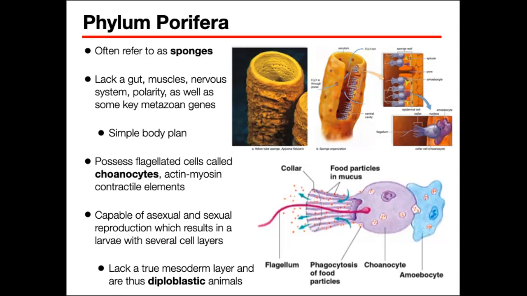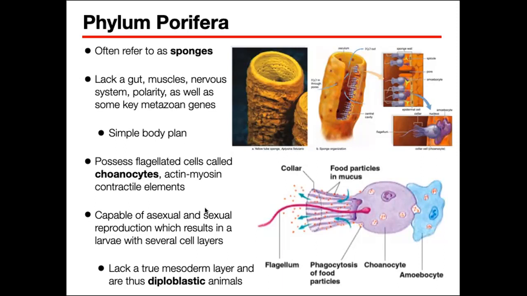Okay? And sponges possess yung flagellated cells natin that we call choanocytes. And these choanocytes are embedded sa loob ng surface, in the inner surface of the sponges. Okay? And sponges are capable of both asexual and sexual reproduction.